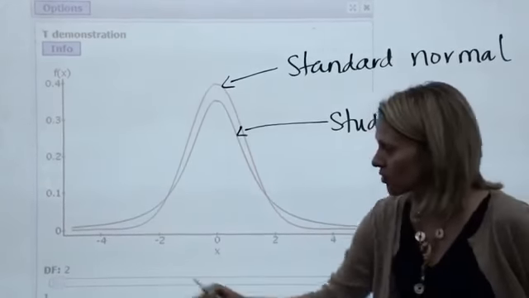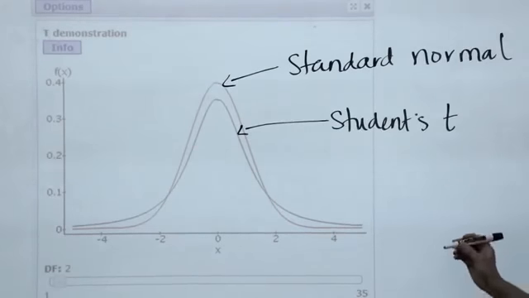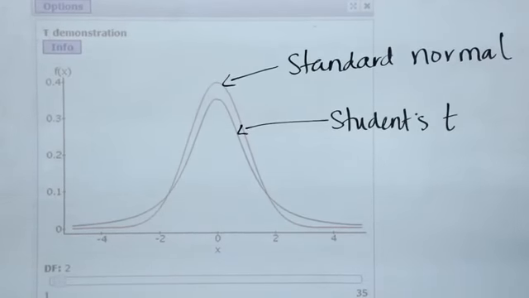And for this one, since the degrees of freedom is 2, that must mean that the sample size was 3. Degrees of freedom is always your sample size minus 1. So since the degrees of freedom is 2, our sample size for this one was 3.